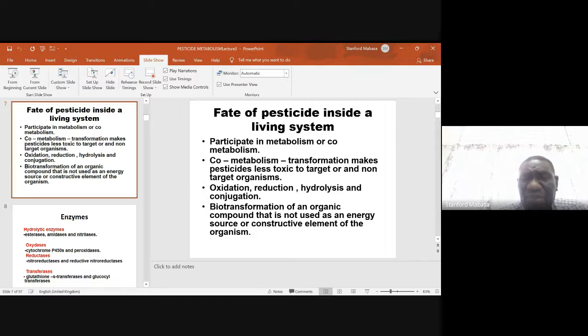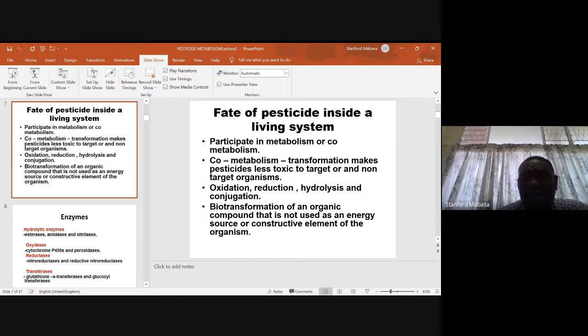By co-metabolism, we mean that transformation makes pesticides less toxic to target or non-target organisms. So when the pesticide has entered the living system, there are changes which are going to take place to make it less toxic.